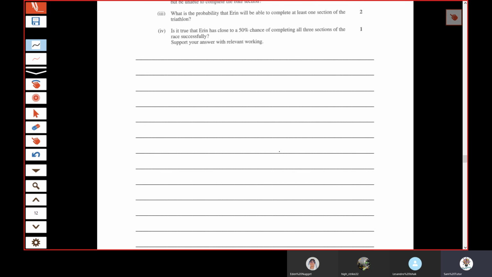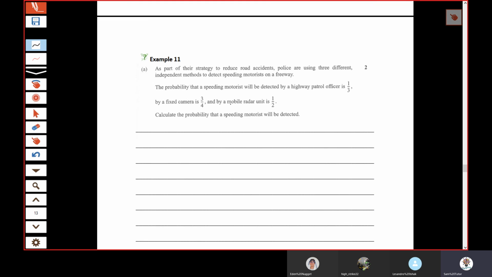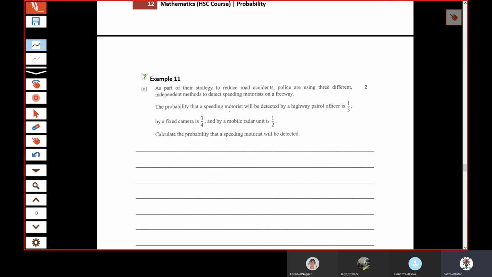Maybe I'll leave that one for homework, so you guys can think about it. Let's try this one, since it doesn't have any parts. As part of their strategy to reduce road accidents, police are using 3 different independent methods to detect speeding motorists on a freeway. The probability that a speeding motorist will be detected by a highway patrol officer is a third, by fixed camera is 3/4, and by mobile radar unit is 1/2.